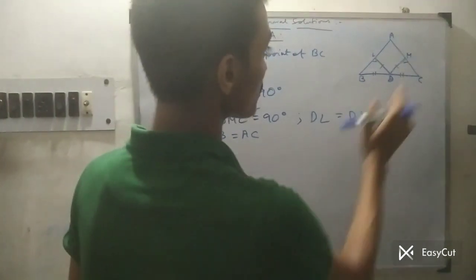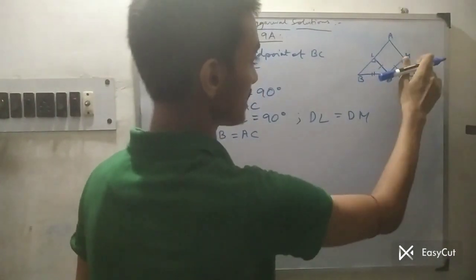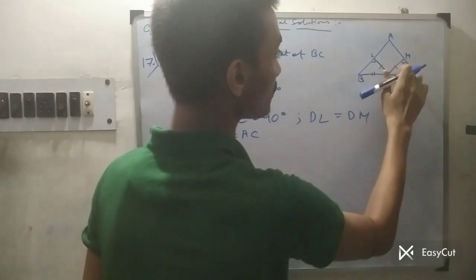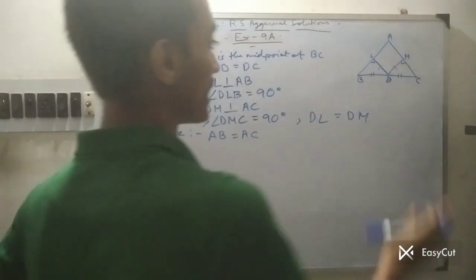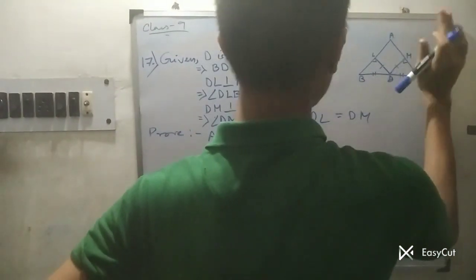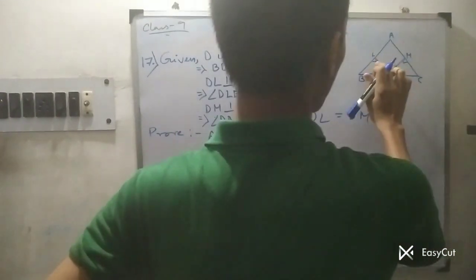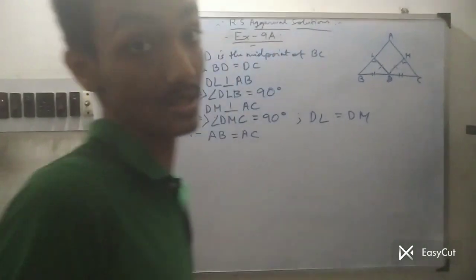Here you can see these two perpendiculars on AB and AC have formed two triangles in this triangle ABC. Now to find out whether AB is equal to AC or not, we have to find out the congruency of these triangles first.